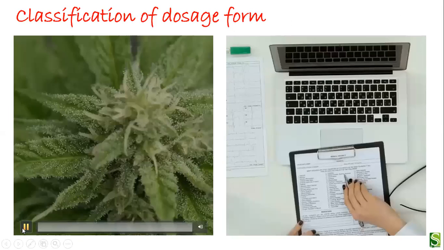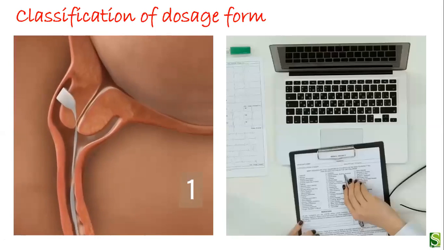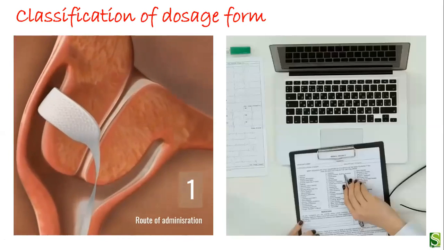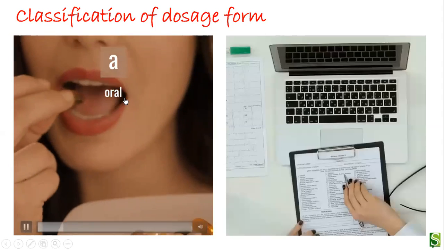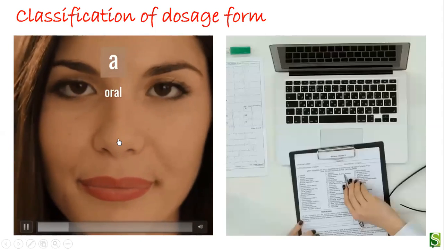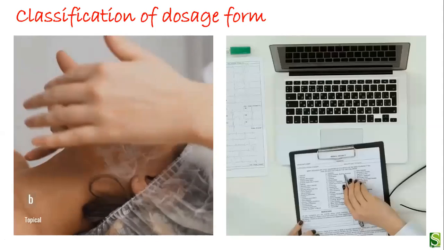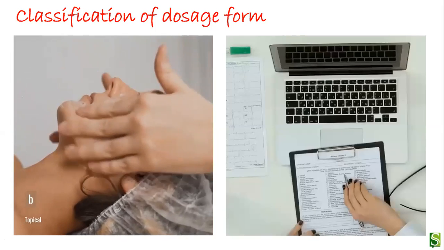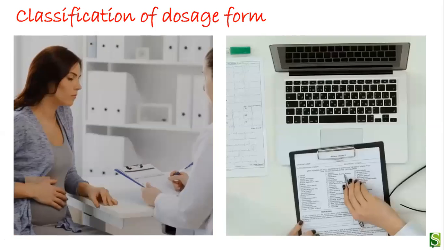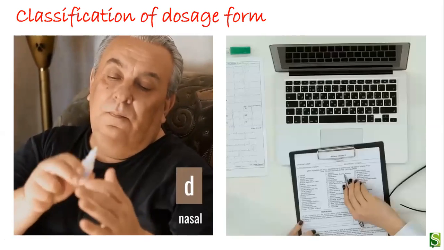The first classification is based on route of administration. On the basis of route of administration, dosage forms are classified as oral, topical. Topicals means they are applied on the skin. Next is rectal. That means the drug has to be administered rectally.